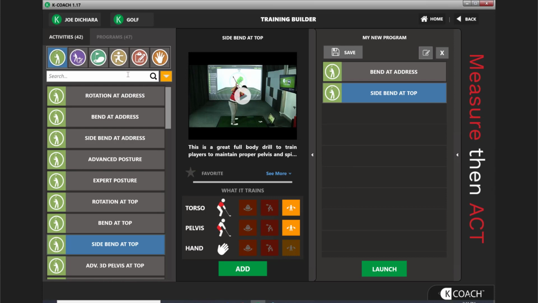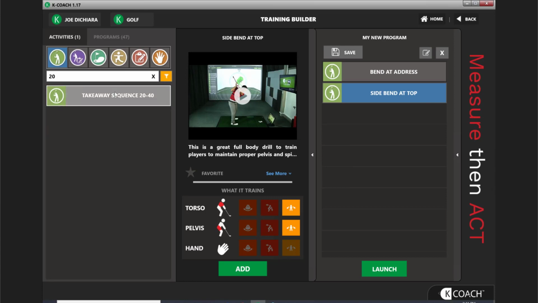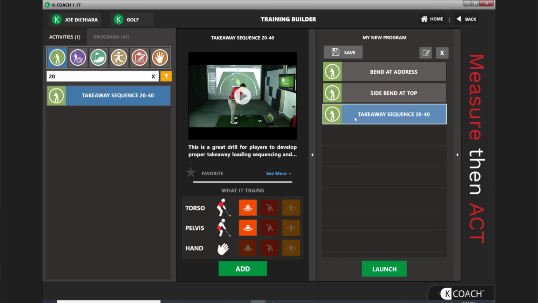So I'm going to add a third one in here, which is the takeaway 2040, which gives me some good separation between pelvis and torso early in my takeaway. But now it's at the end of my program. So just remember, you can take this, select it, and drag it in order.